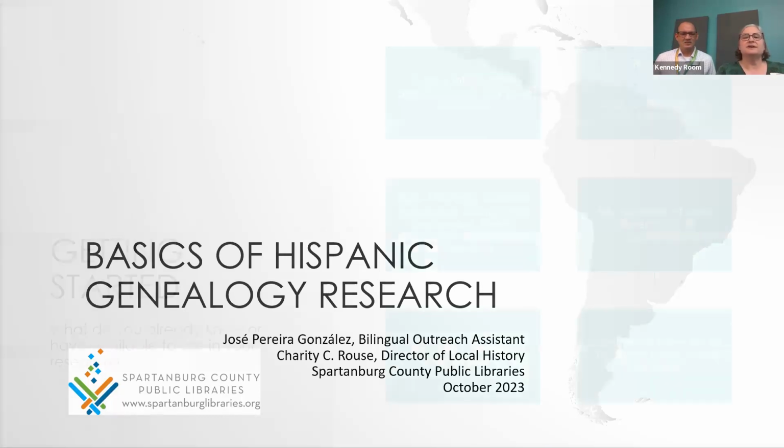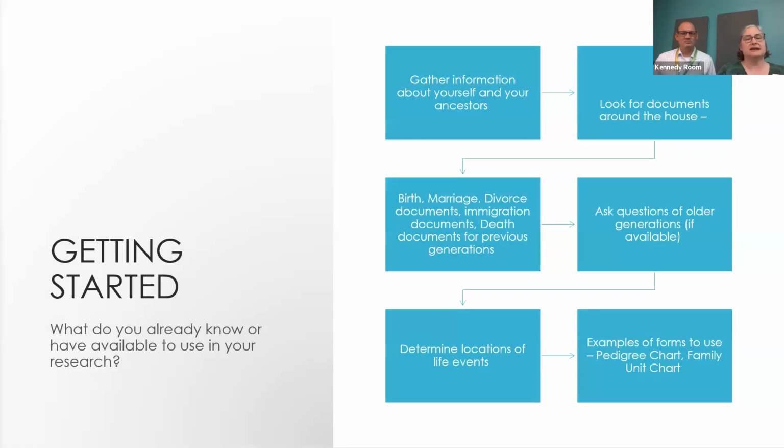Tonight, we are going to talk about getting started, look at what you already know or have available to use in your research. You may have more things at home than you think. So gather the information about yourself and your ancestors.